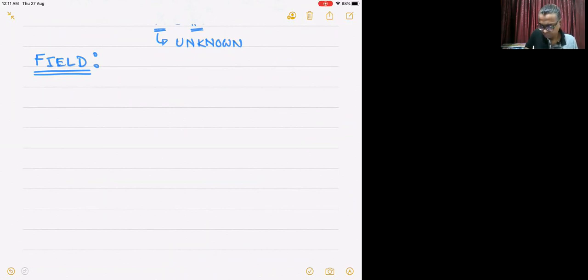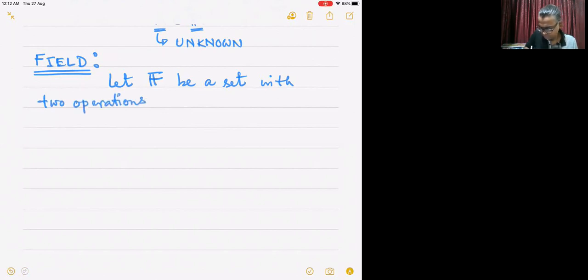So let F, this is the standard notation for field, let F be a set with two operations, plus and product, such that the following hold.